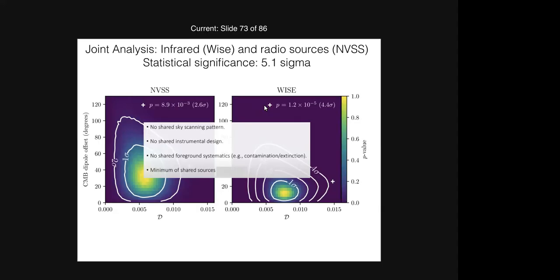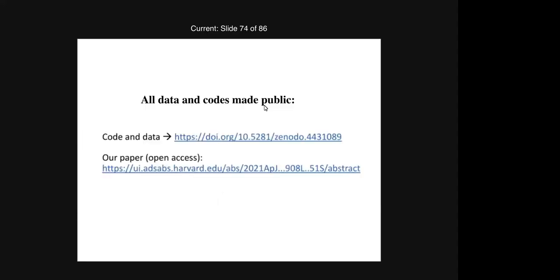WISE is a satellite, it has a certain scanning pattern that goes around the ecliptic pole, whereas the NVSS is not that. They don't have any shared instrumental design, no shared foreground systematics, because one is space-based, one is ground-based, and the shared sources I've shown you are about 1 to 4% at most. And they are giving the same results.